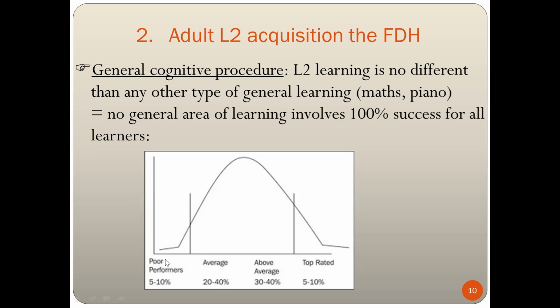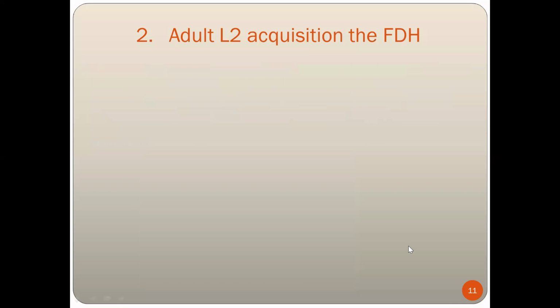So this bell-shaped curve of achievement applies with equal strength to second language acquisition. There is a very small number of performers who achieve very poorly. There is a very small number of learners who achieve very highly, close to native competence, and the vast majority of second language learners are somewhere in the middle.